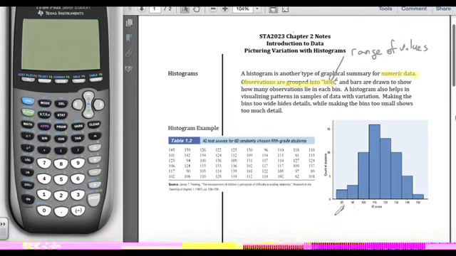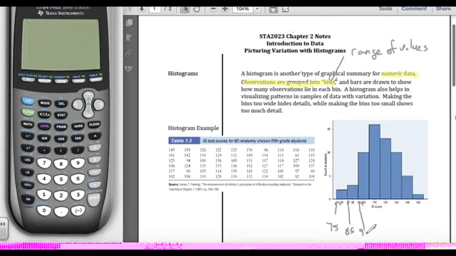It looks like this starts about 75, and this would be 85, and this would be 95. The way these bins work is that this first bar is from 75 to 84. Then the next one starts at 85 and goes to 94. And this third bin goes 95 to 104.